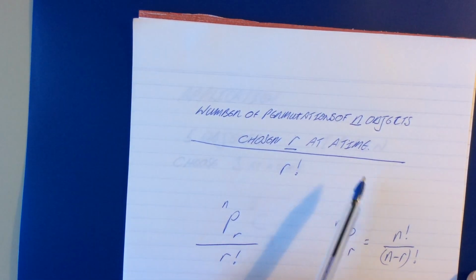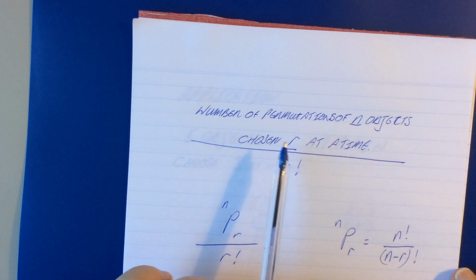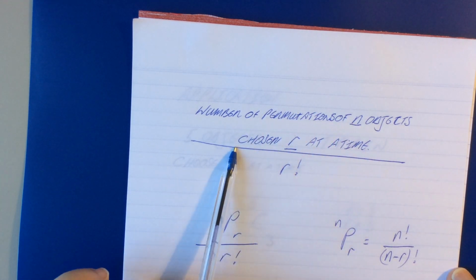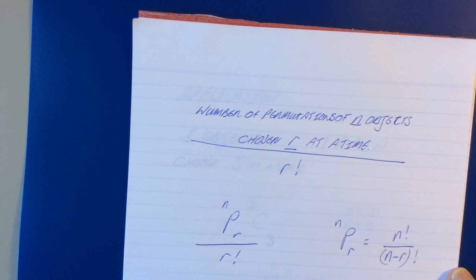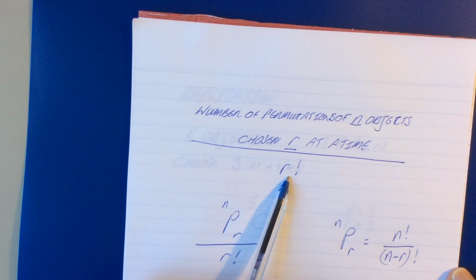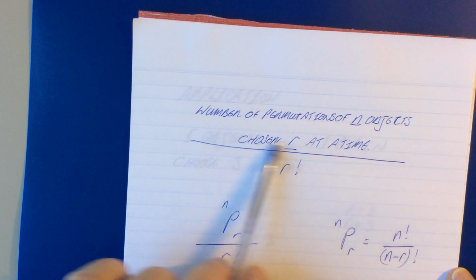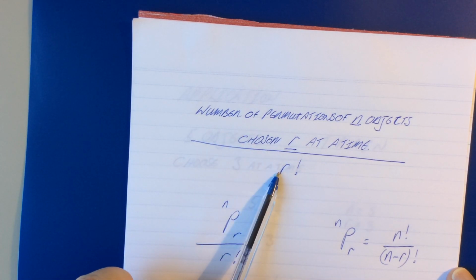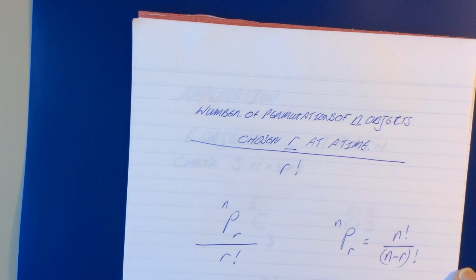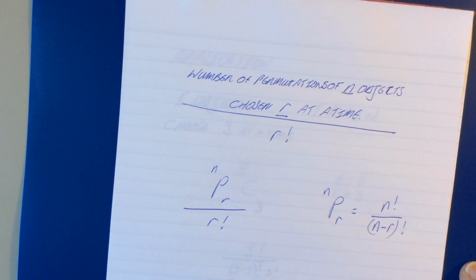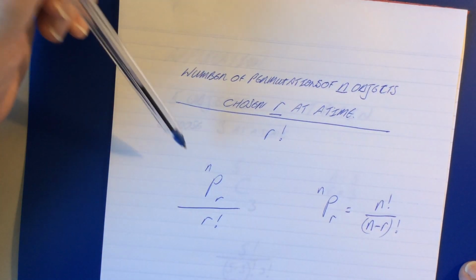Those of you who've seen the permutations video will recognize this first bit. What happens when you deal with a combination where order is not important is that you have to do one further step, which is to divide this by r factorial. That probably doesn't make a huge amount of sense until you take a look at these formulas.